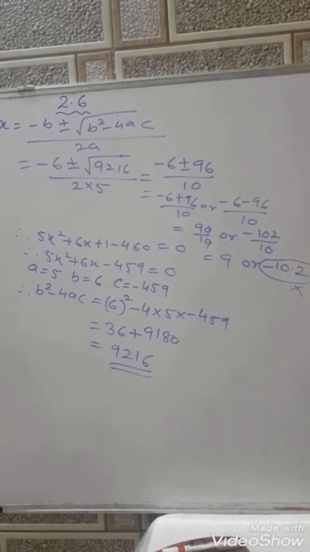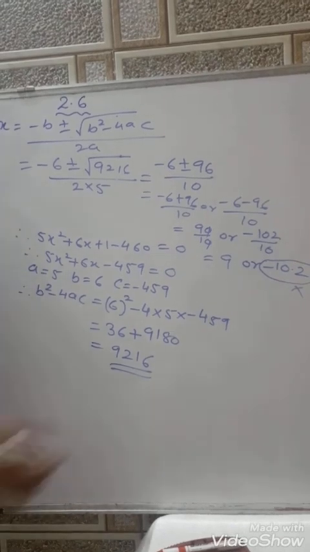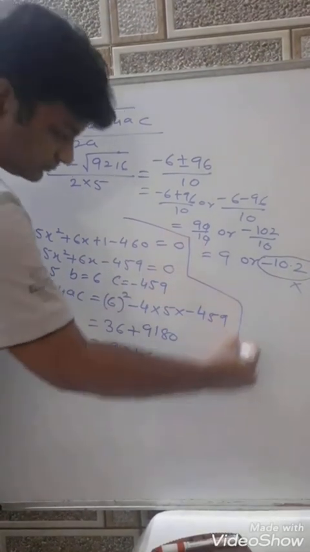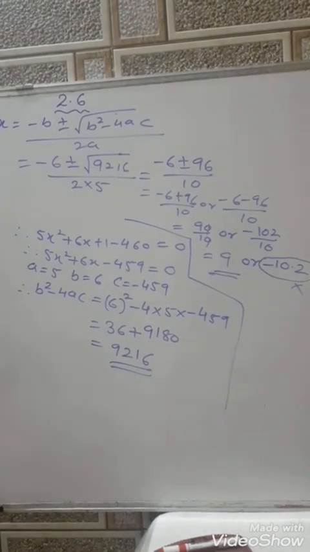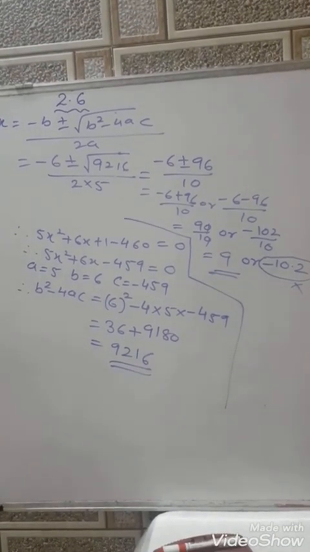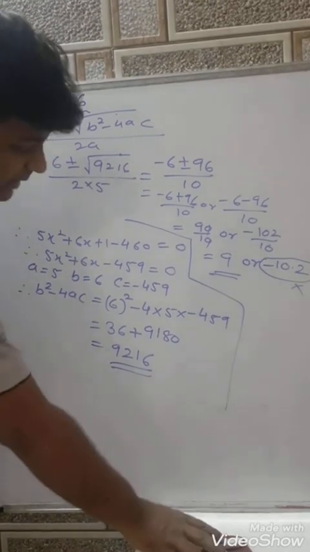So minus 10.2 is not possible. So your answer is 9. Therefore the divisor is 9. Now you have to find the quotient. The divisor is 9.